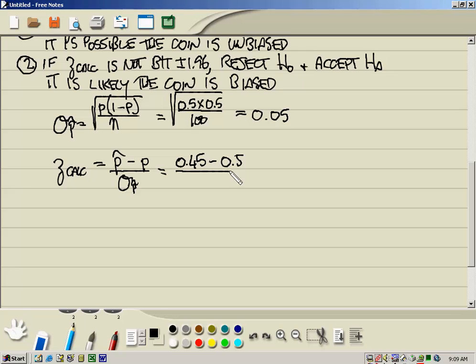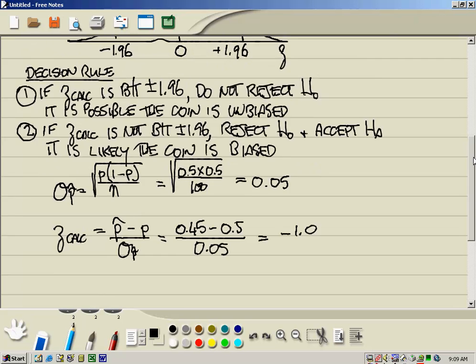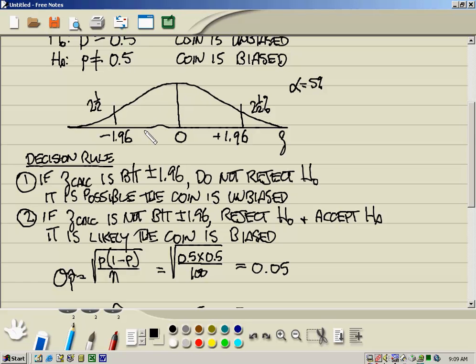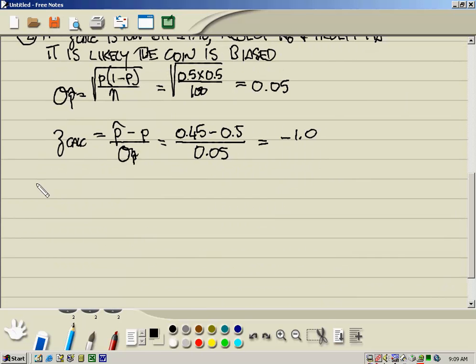The hypothesized value is a half for it to be unbiased, divided by the standard deviation, 0.05, and that's a calculated z-value of -1. Looking back at your diagram, -1 is in the midst of your acceptance region, so we cannot reject the null.